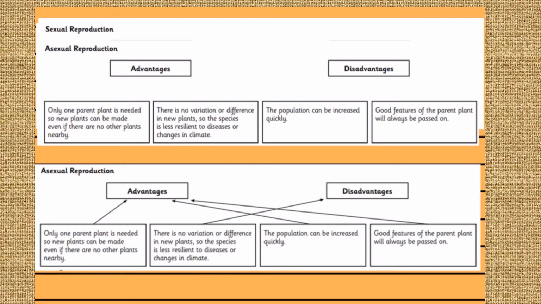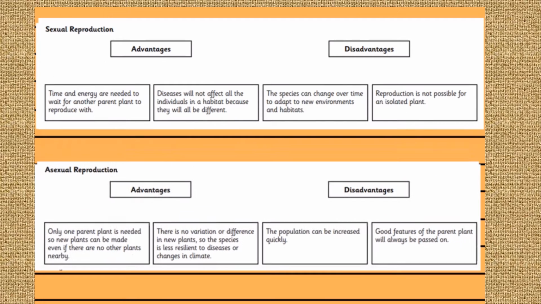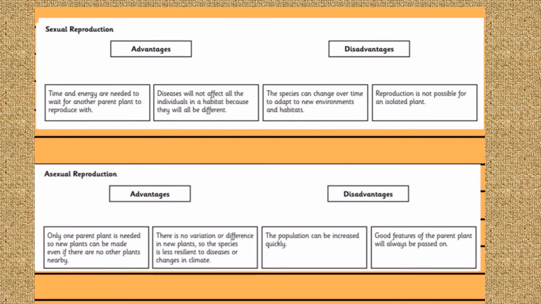The one disadvantage is there is no variation or difference in new plants, so the species is less resilient. That's less likely to get disease or change towards climate. So those are our answers for those. You might want to pause this screen so that you can go back and check the answers yourself.